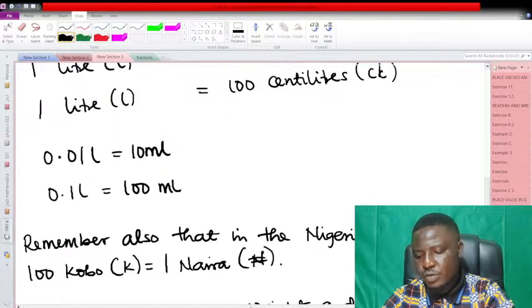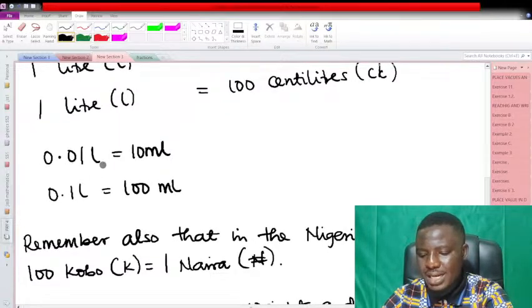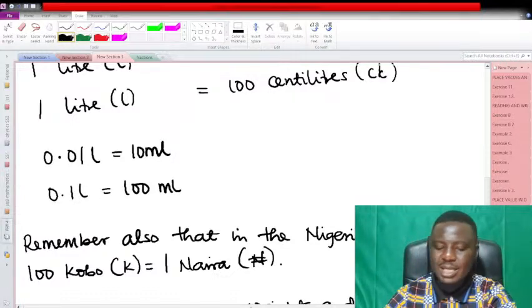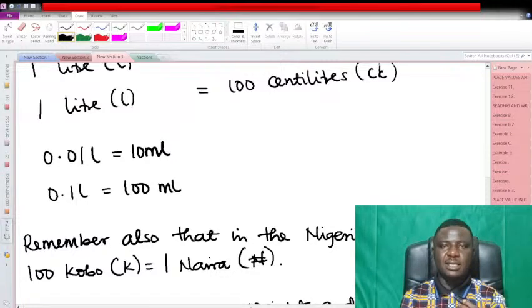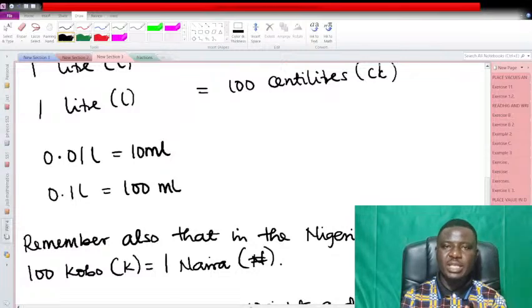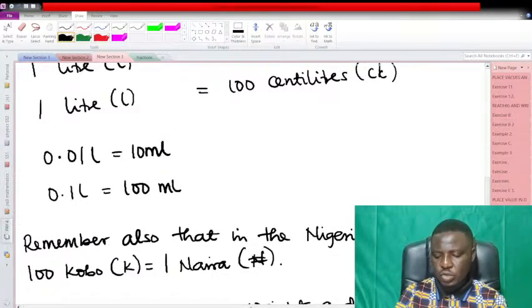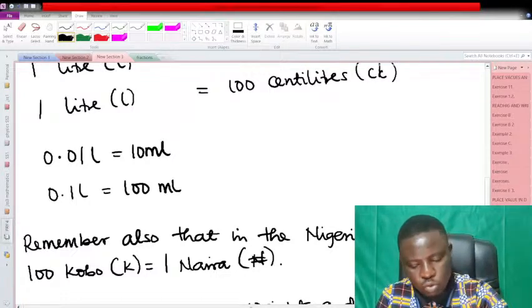We also have 0.01 liters equal to 10 milliliters, and 0.1 liter equal to 100 milliliters. These are conversion rates you need to understand for easy conversion as time goes on.